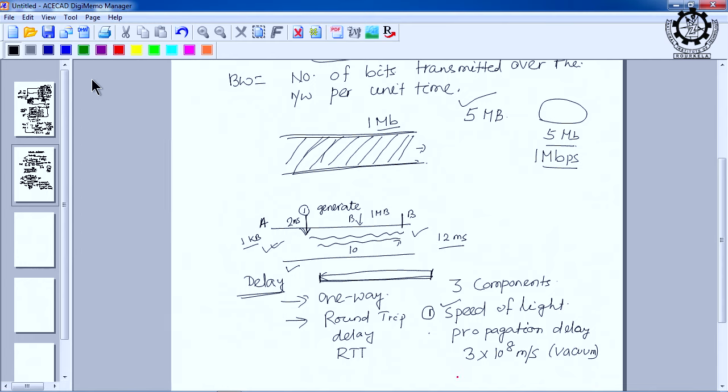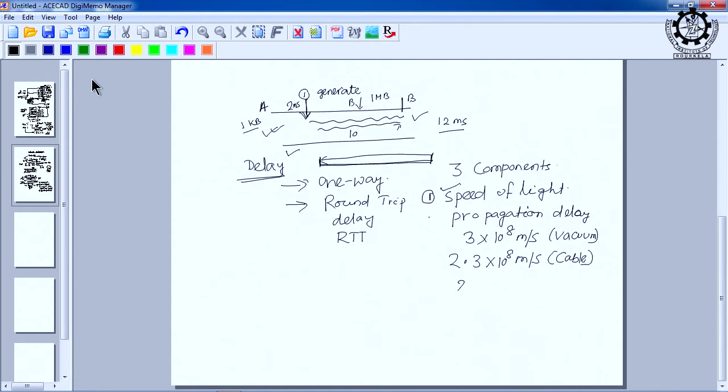right. It is 2.3 into 10 to the power 8 in case of a cable, and it is only 2.0 into 10 to the power 8 meter per second in case of a fiber. Now, you realize why the fiber optics communication is faster than any other communication.